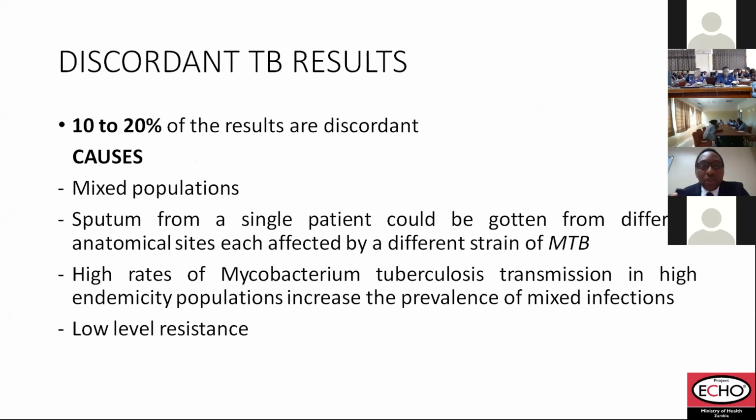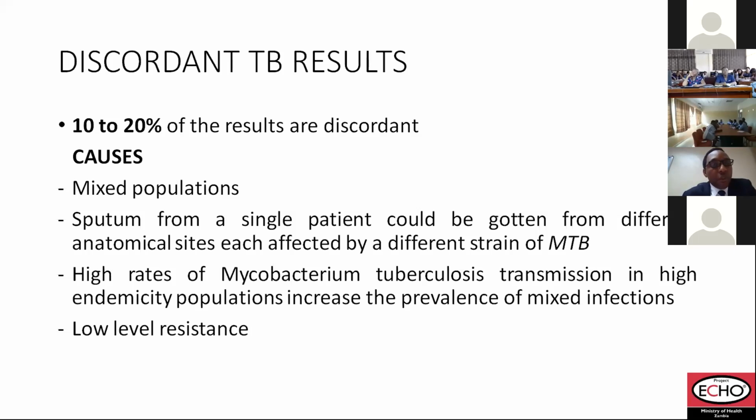Remember, the second-line drugs are also able to treat susceptible TB. Other experts may wish to add first-line drugs to the second-line drugs, but in our setting, we're just giving the second-line drugs. This is an example of a discordant result.